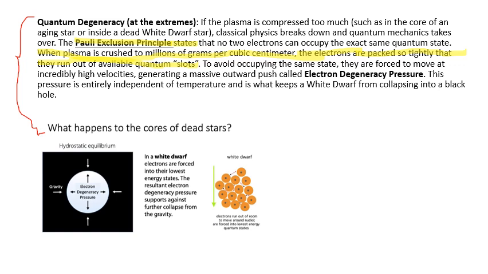So to avoid occupying the same state, according to the Pauli exclusion principle, they are forced to move at incredibly high velocities, generating a massive outward push called the electron degeneracy pressure. Now they will have to do it.